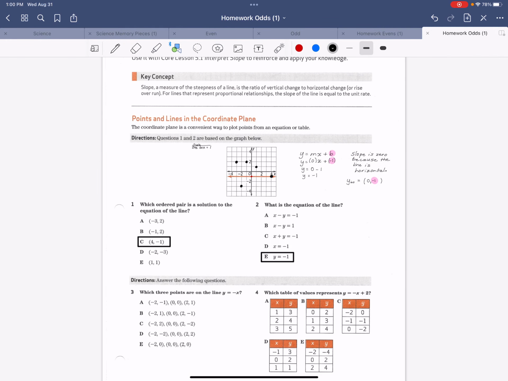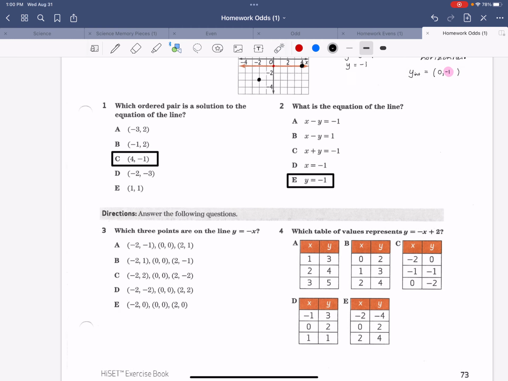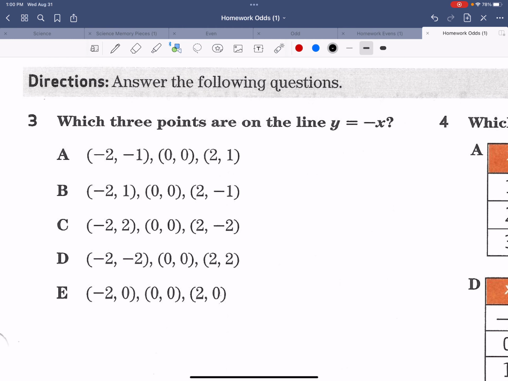Okay. Number 3. Which 3 points are on the line y equals -x? So we're going to use this equation and figure out which of these points are on the line.